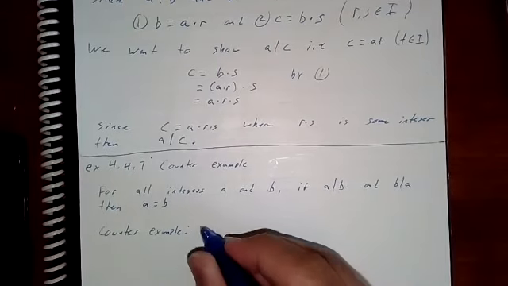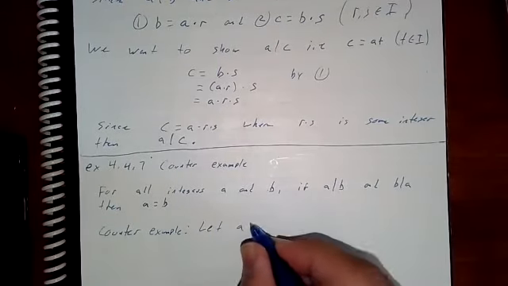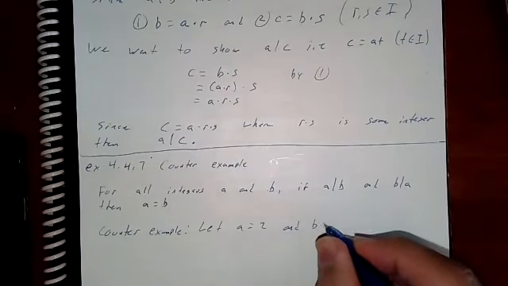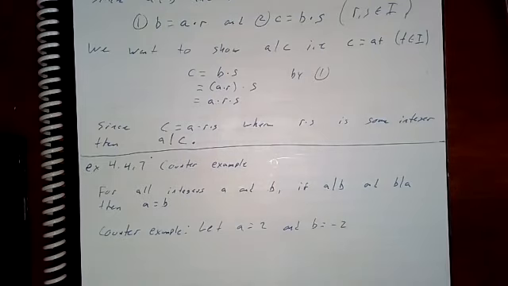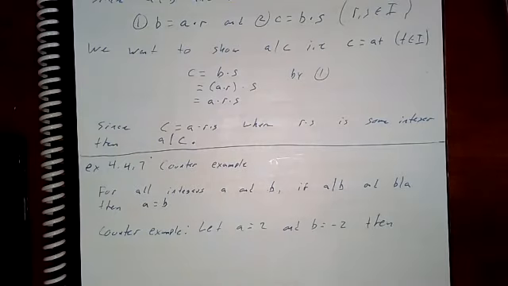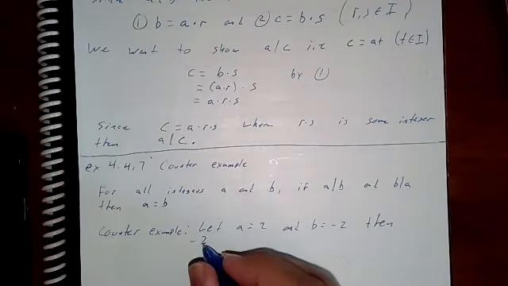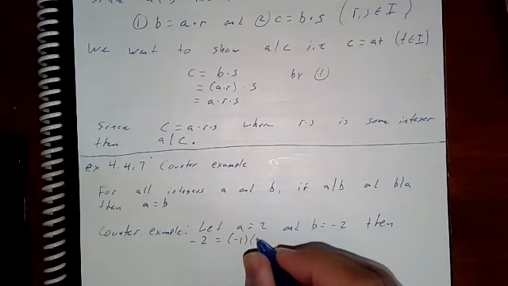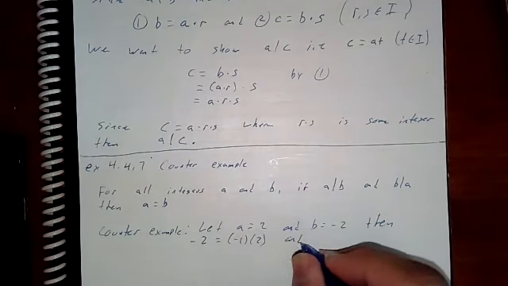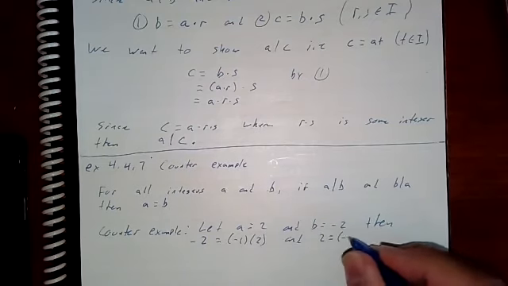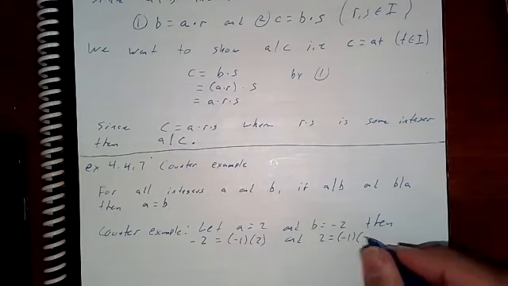So in the book, they say let a equal 2 and b equal -2, right? Then -2 is equal to -1 times 2, and 2 is equal to -1 times -2.